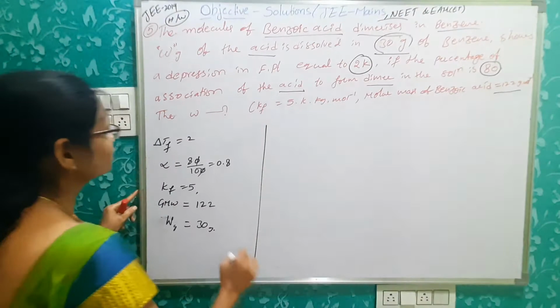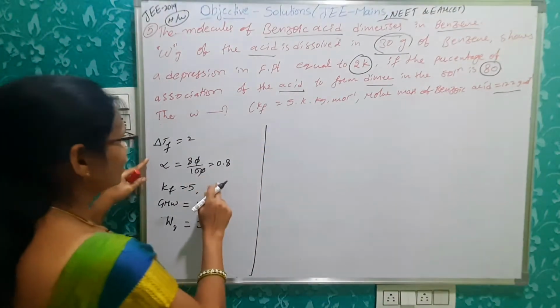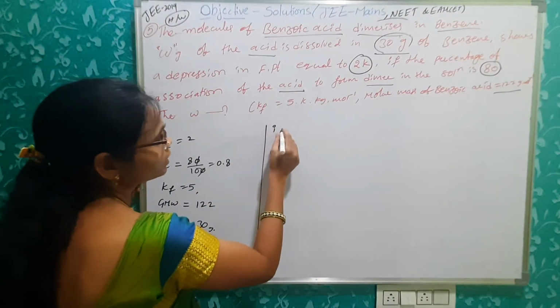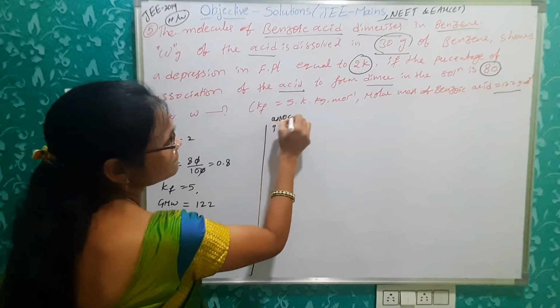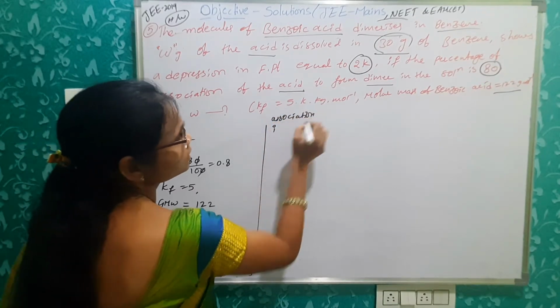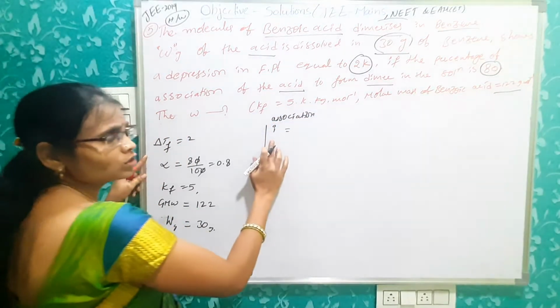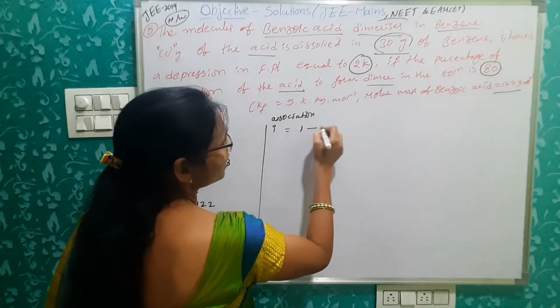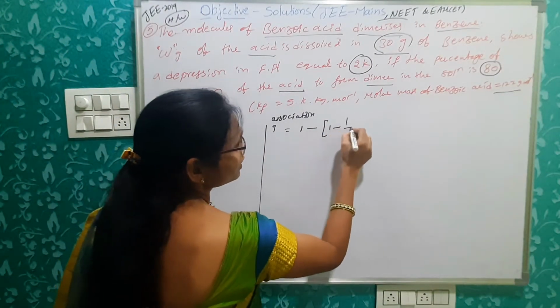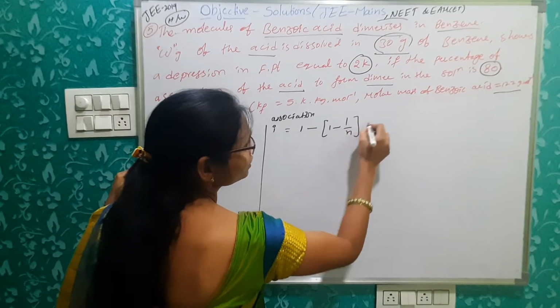So what is the formula? First we have to calculate the i factor for association. Association i factor is equal to 1 minus (1 minus 1 by n) into alpha.